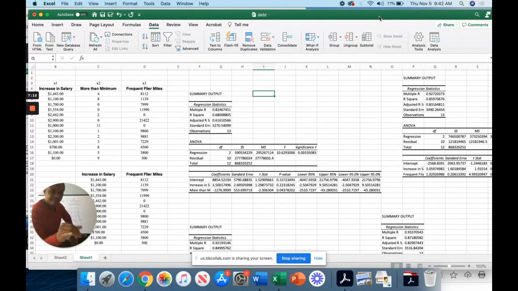It's talking about different variables that contribute to debt. So what's your increase in salary? A lot of times people figure if you make more money, then your debt is going to go down, right? But some studies have proven the more money you make, the more money you spend, if you make more than the minimum payment. How many frequent flyers you have ties into how frequently you use credit cards.